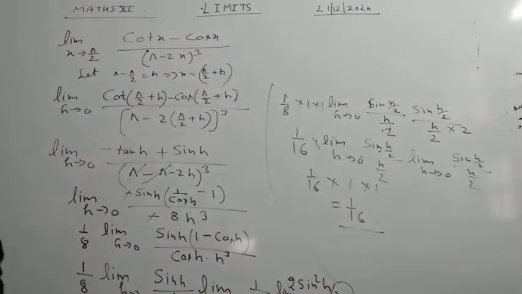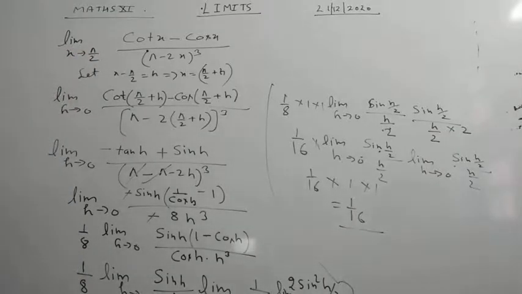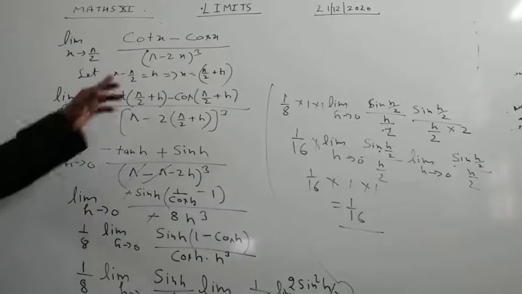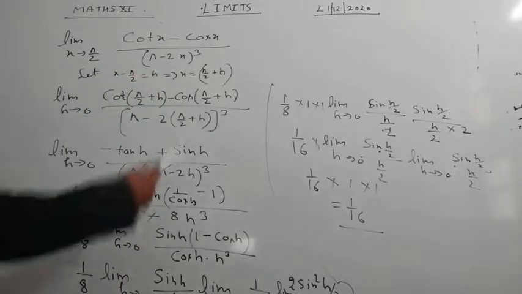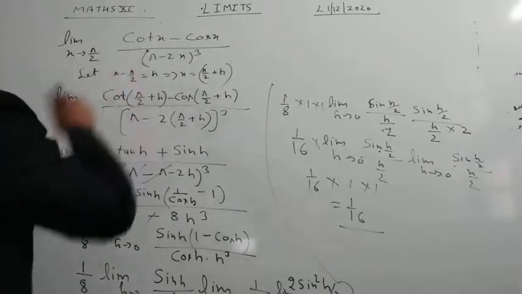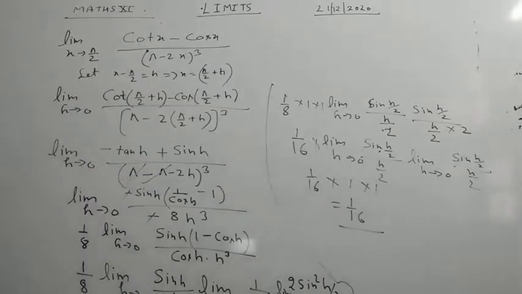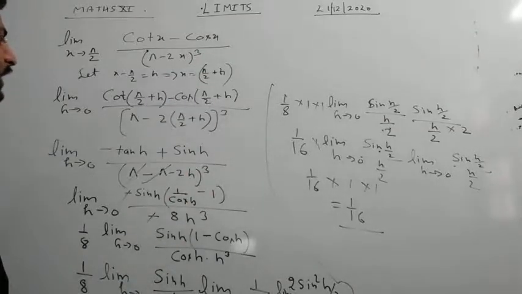Okay students, now let's see once again. Here x tends to pi by 2. We take x minus pi by 2 equal to h, so x is pi by 2 plus h, limit h tends to 0. This cot x we can write as cot(pi by 2 plus h), and pi minus 2(pi by 2 plus h) whole cube.